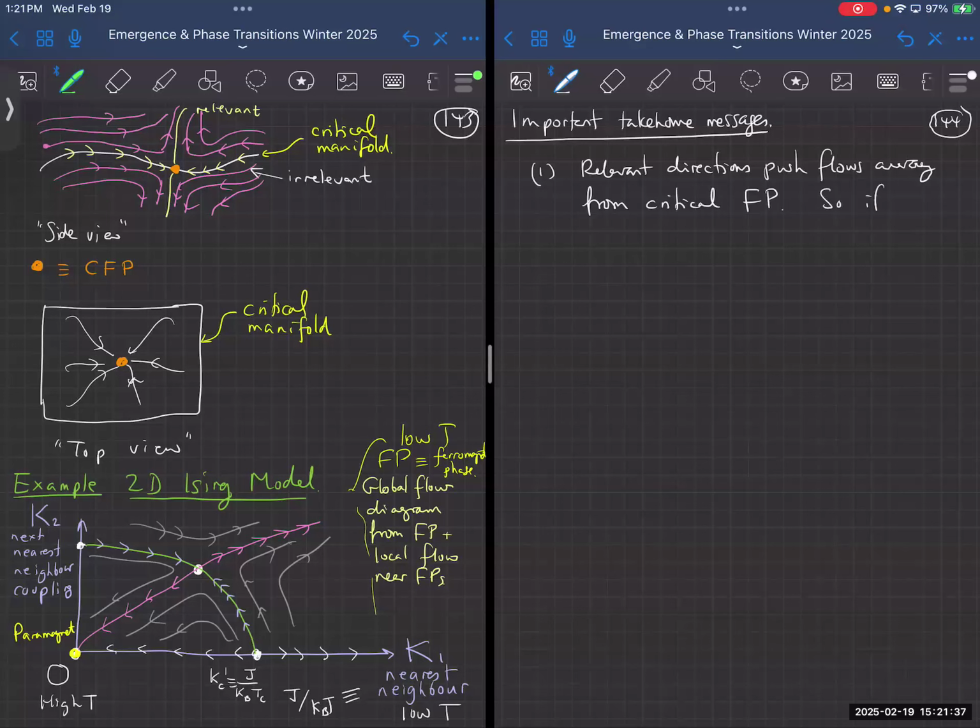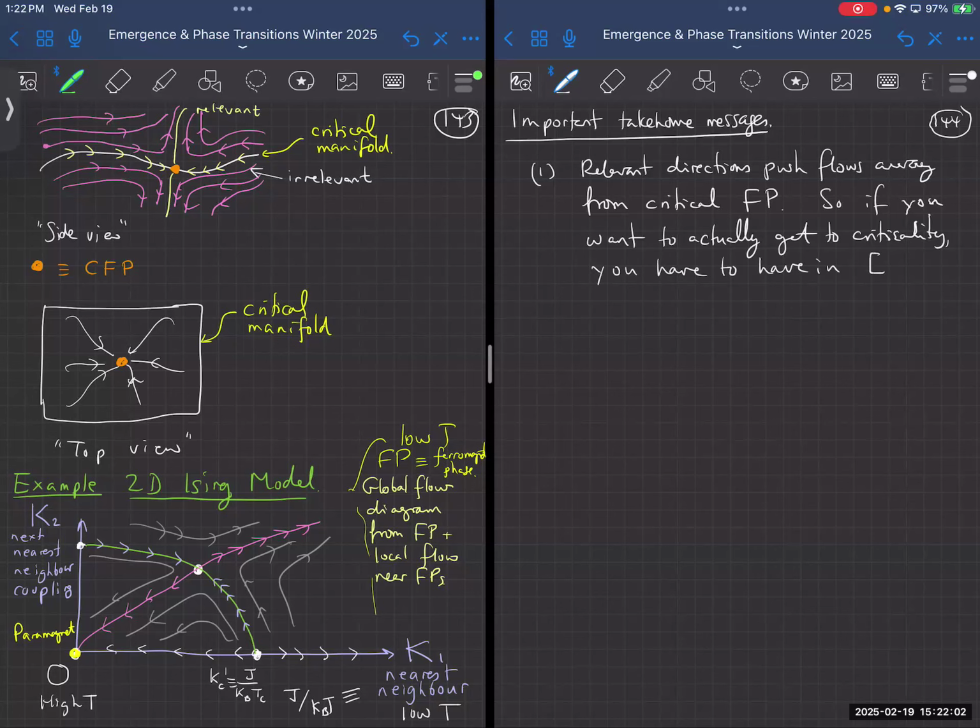So if you want to actually get to criticality, you have to have zero components in your initial coupling constant vector in the relevant directions.